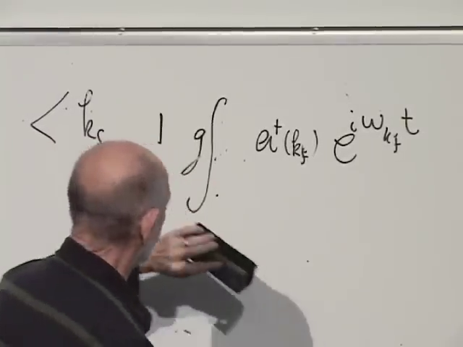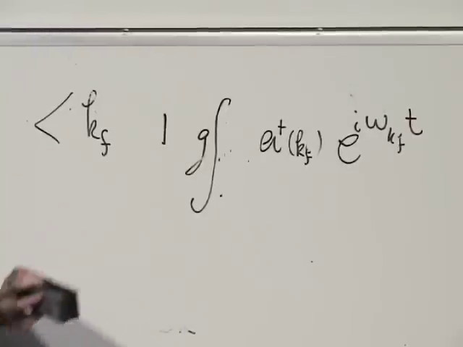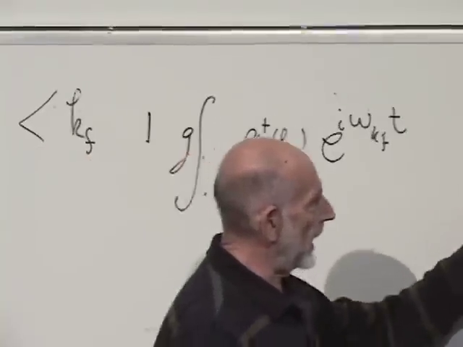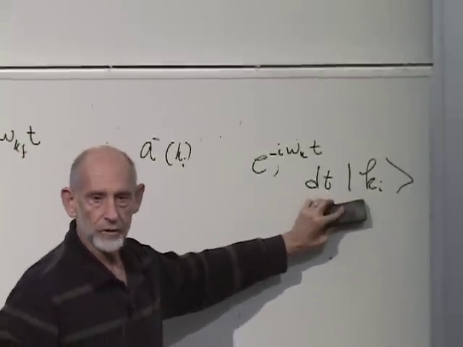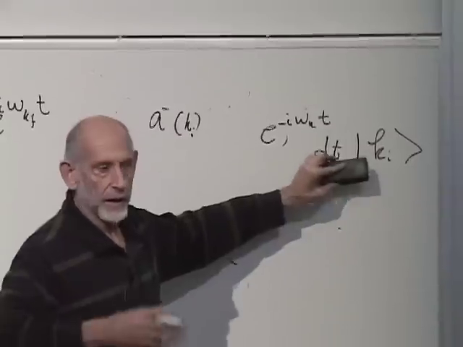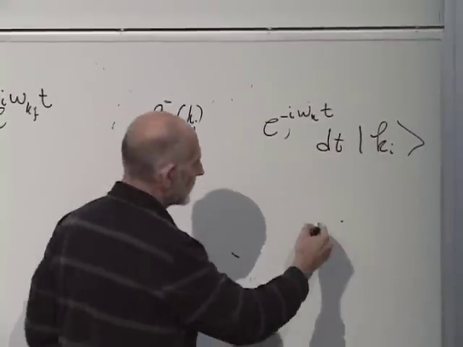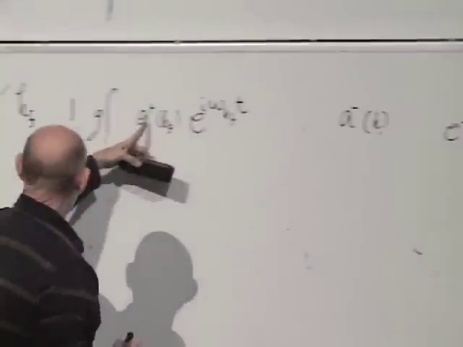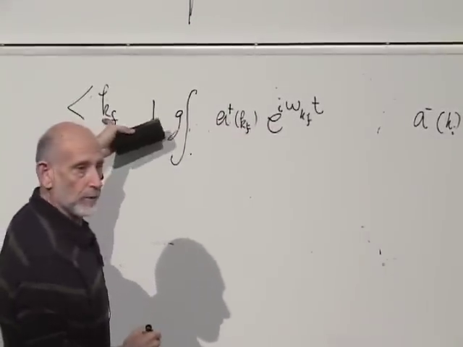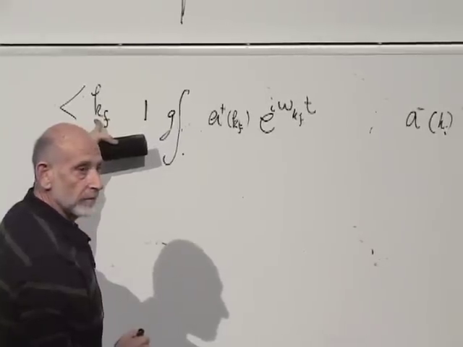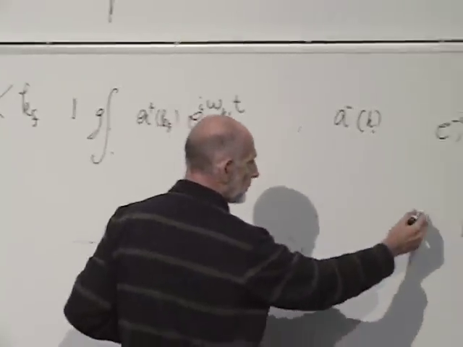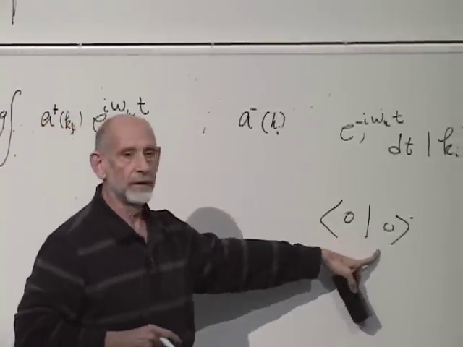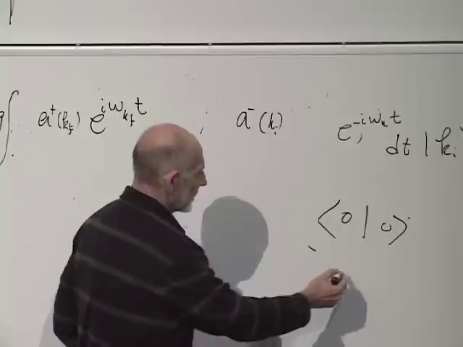Yeah, okay, right. We're okay. This is good. What happens when A acts on the state with K initial? It just gives a state with no particles, right? So that's just no particles. What happens when this acts on a state with particle with momentum K final? It just gives no particles again. What is this number? 1. So that much is 1.